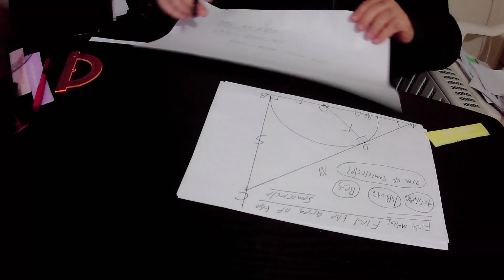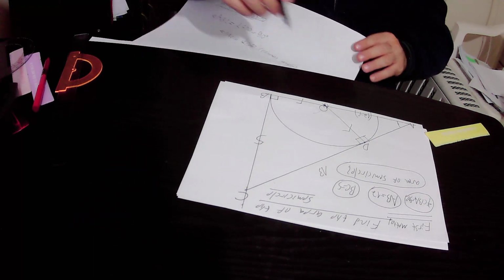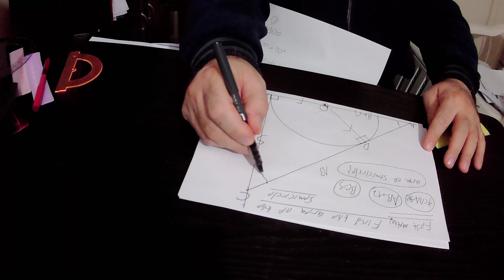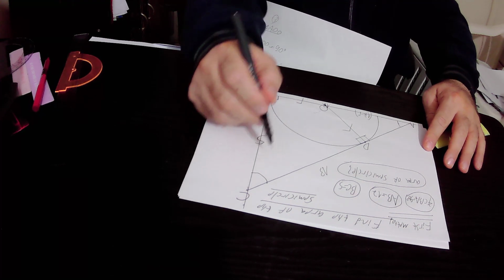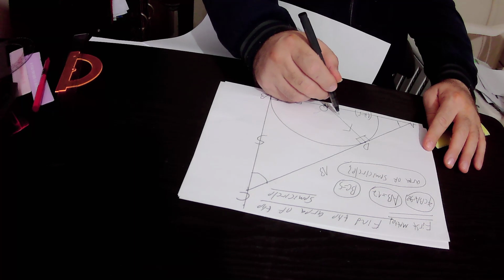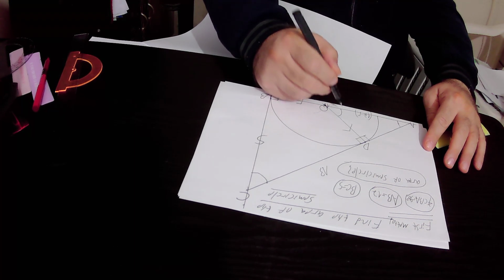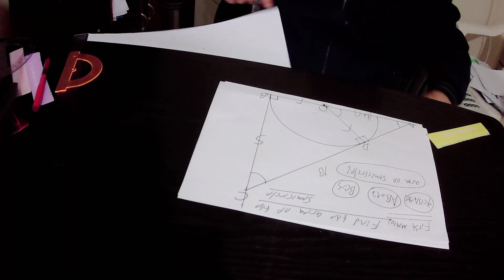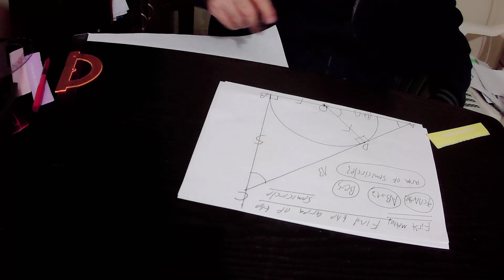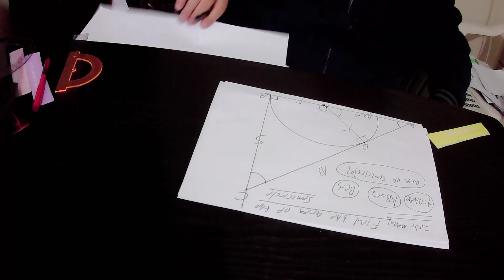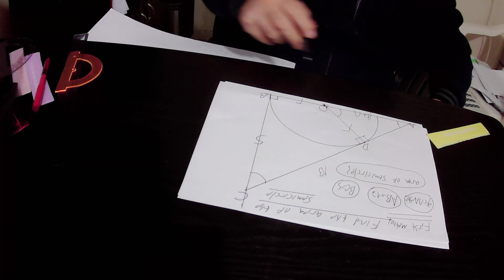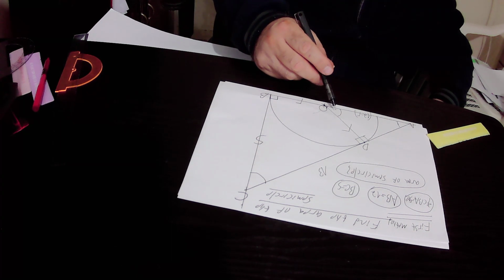Okay, and here angle ACB of triangle ABC is equal to angle AOD of the small triangle AOD. Write it down. Angle ACB of the big right triangle, triangle ABC, is equal to angle AOD of the small triangle.